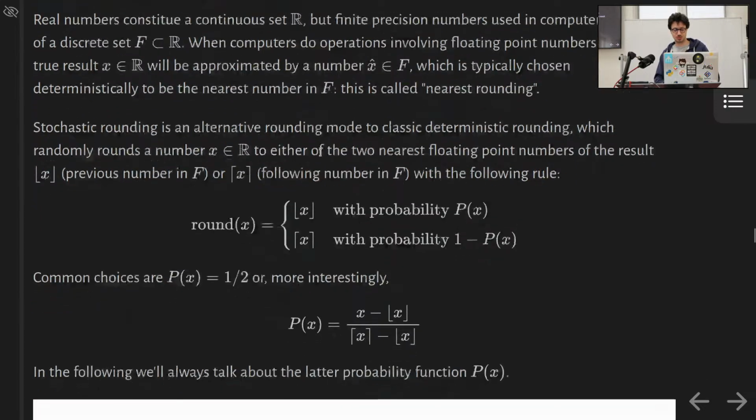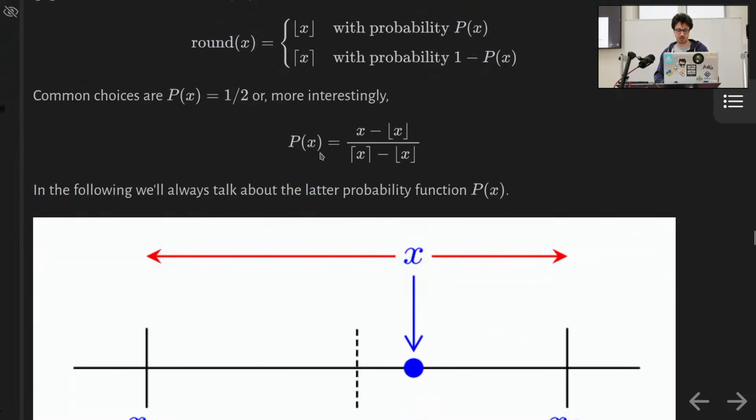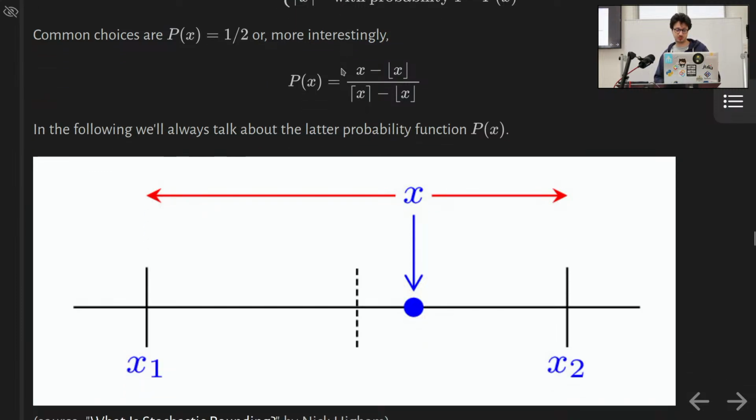But many people suggest using stochastic rounding, which means that when you want to round your operations, you round with a certain probability: you round down with a certain probability p, or round up with a probability 1 minus p. There can be different choices of this probability function. One is p(x) equal to 0.5, so half of the time you round up, half of the time you round down.